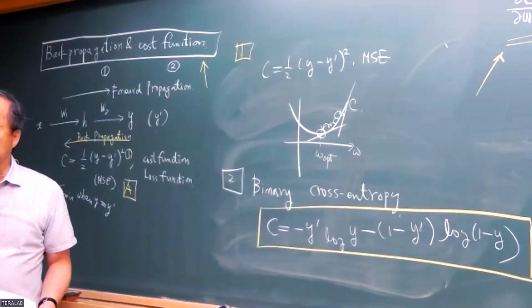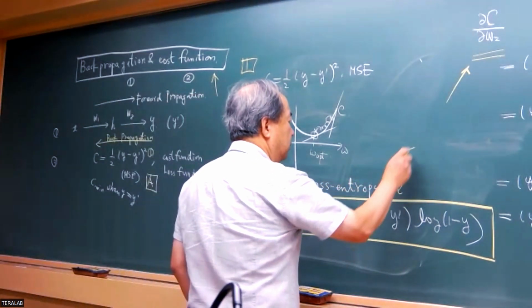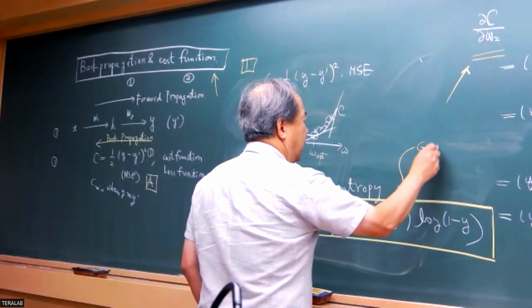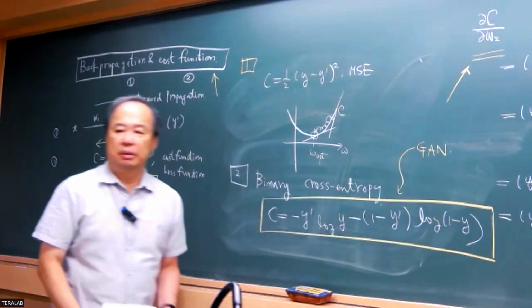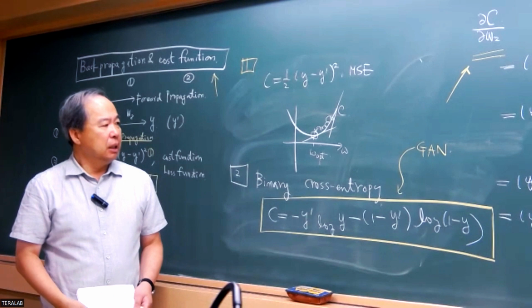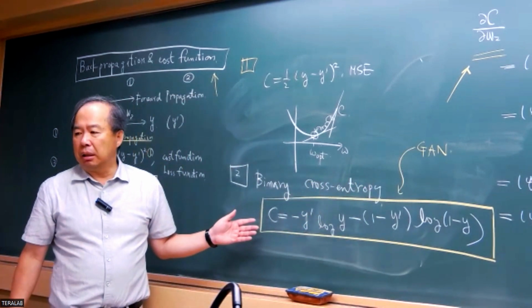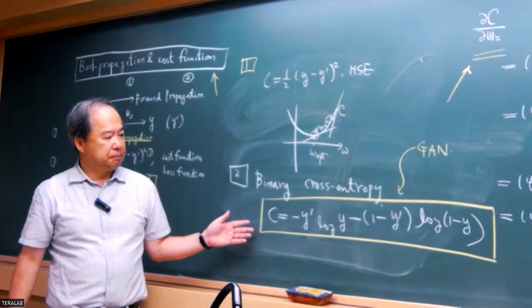Among the generative AI models, there is a model named GAN, Generative Adversarial Network. It has a similar cost function.